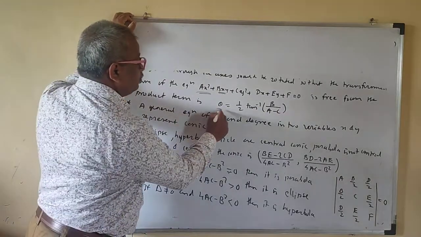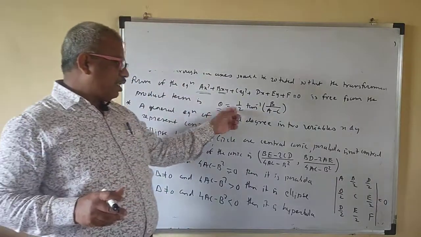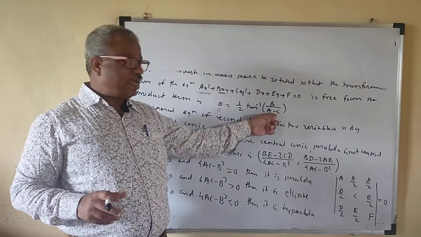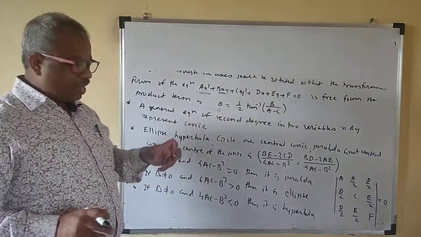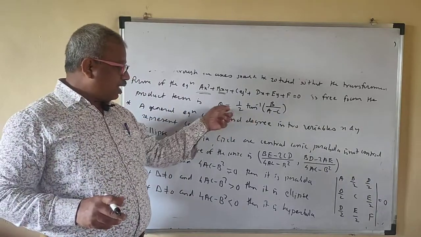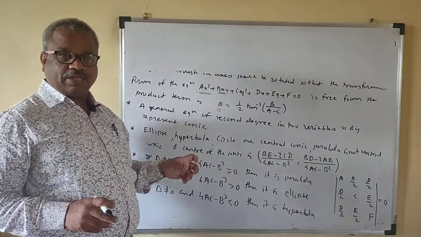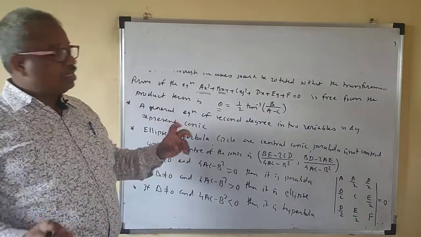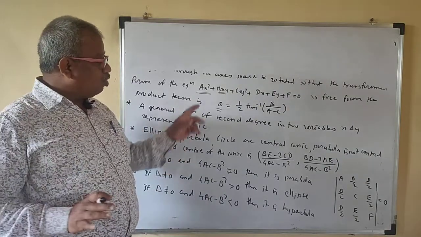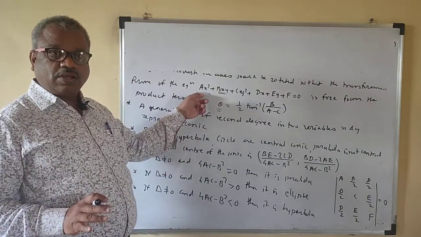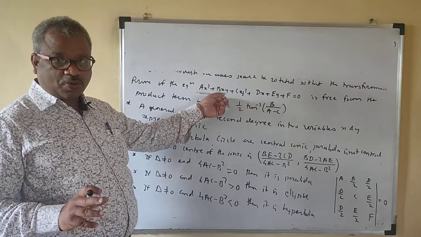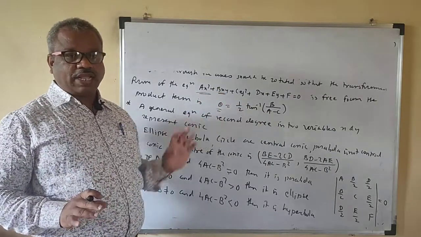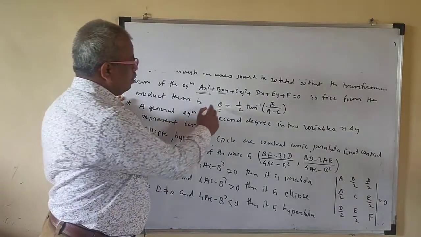If you rotate the frame through an angle theta equal to 1/2 tan inverse of b upon a minus c, the transformed equation does not contain the product term. That means it is free from the product term. So if you want to make this equation free from the product term, just rotate the frame through an angle theta.